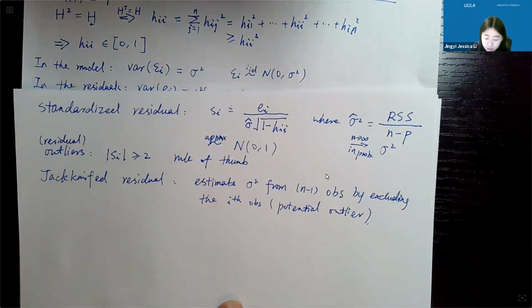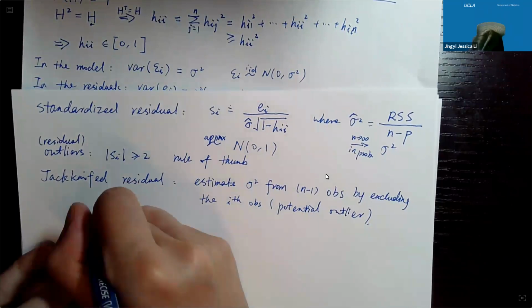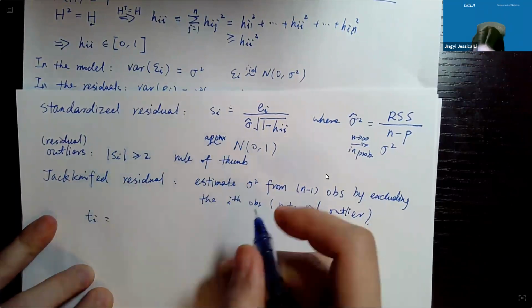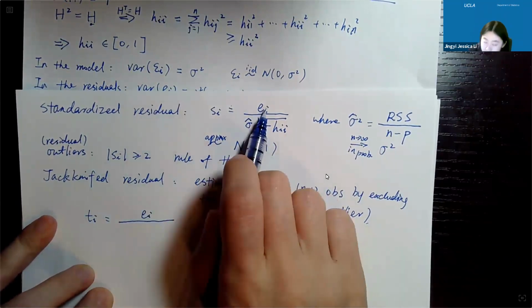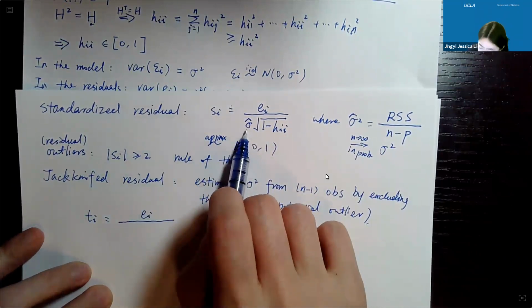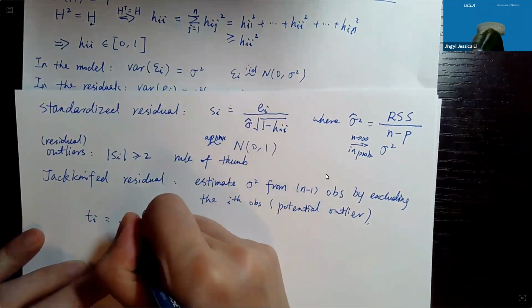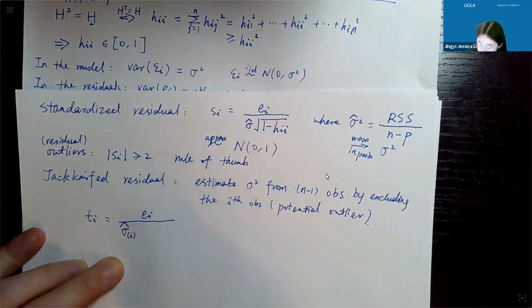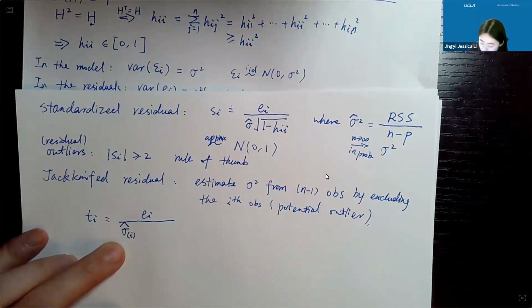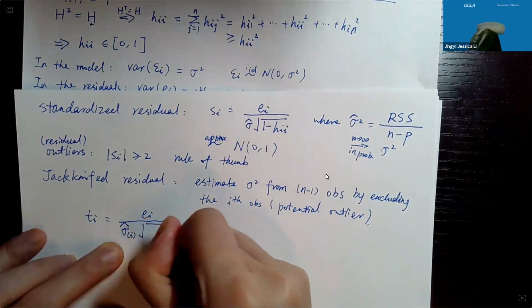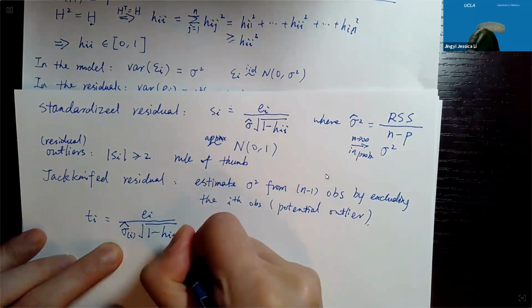In other words, we can write down the Jackknife residual as e_i, same as here, but what's changed is the sigma hat. Now we use the sub-index i in parentheses. This means that i is not used in the estimation. We excluded it. And this stays fixed.